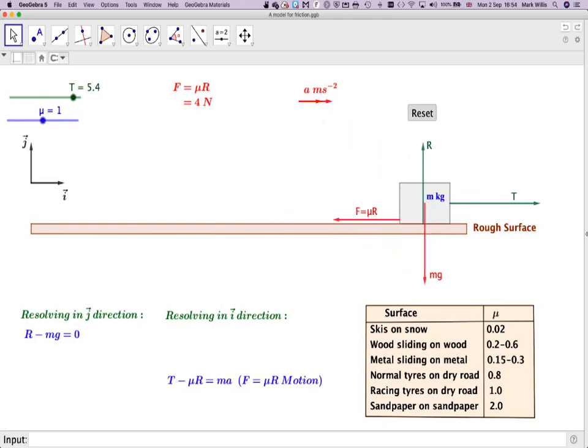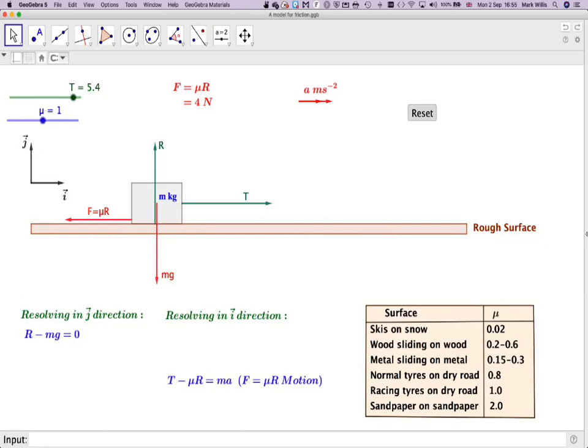I hope you like this GeoGebra app, and that it helps you understand the idea of a mathematical model for friction, and what limiting friction is. Limiting friction, just to remind you, is the point where it's just about to move. I'll just do it one more time.